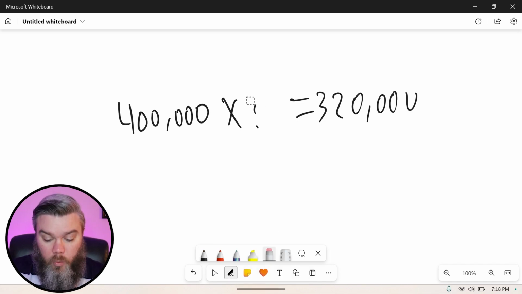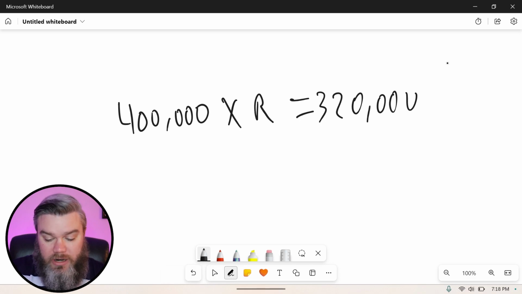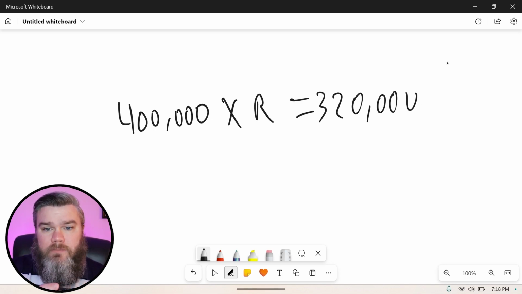Well, instead of saying what, algebra is us coming in and saying, let's just say R. Give it a variable. 400,000 times the rate equals $320,000. And so all algebra was getting everything from one side to the other so that you're left with only this unknown variable on one side.